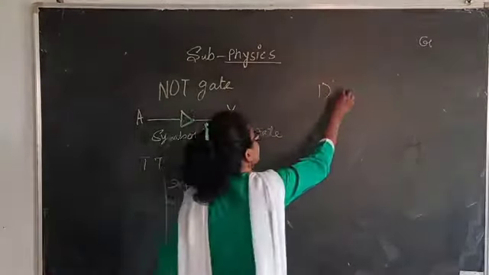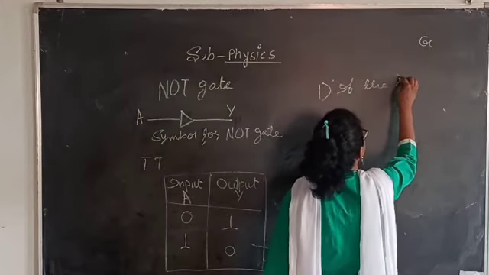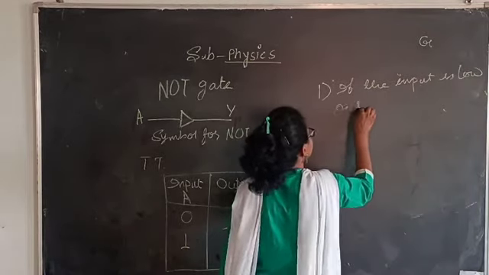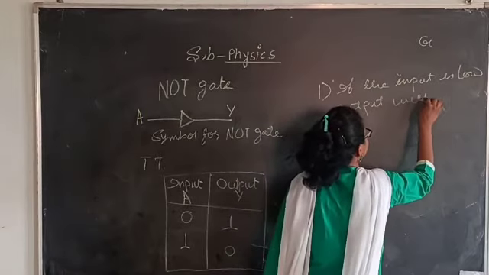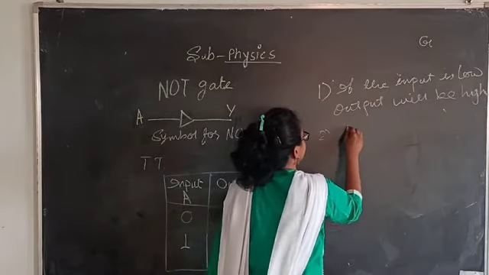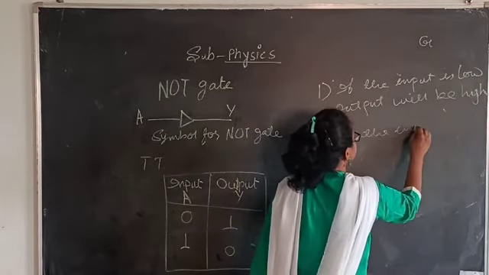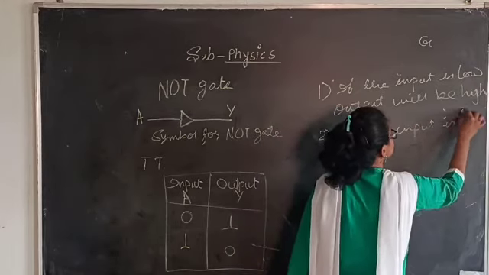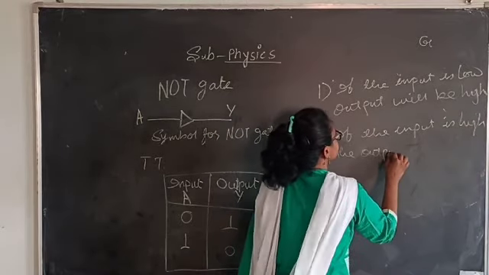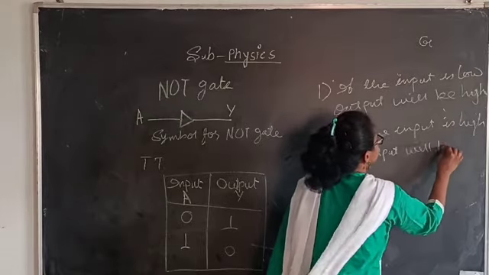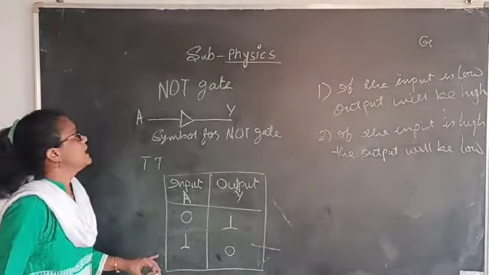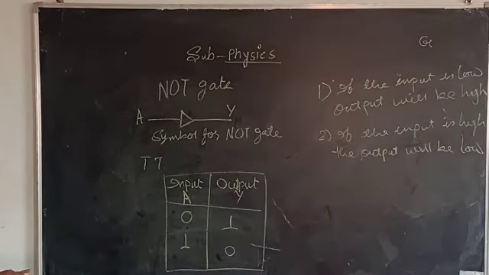If the input is low, the output will be high, that is 1. And if the input is high, the output will be low, that is 0.